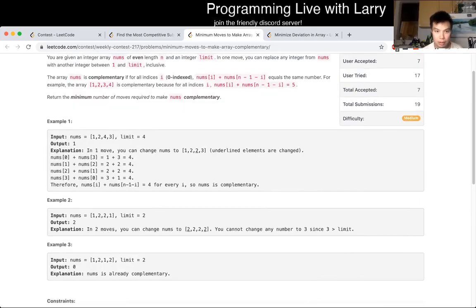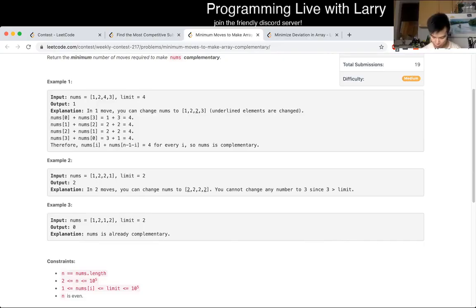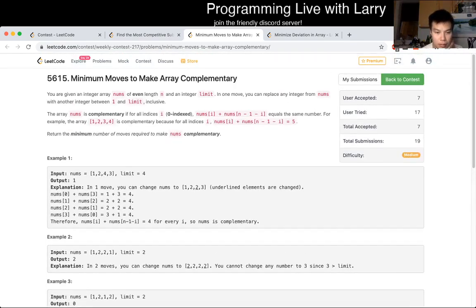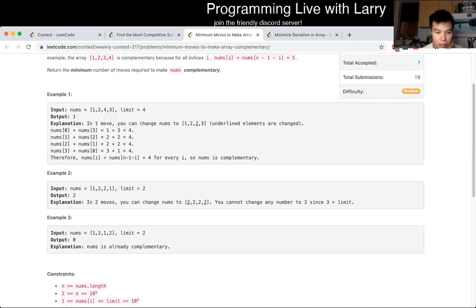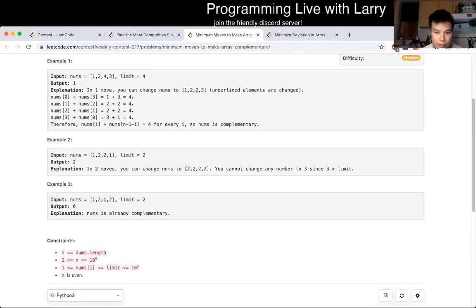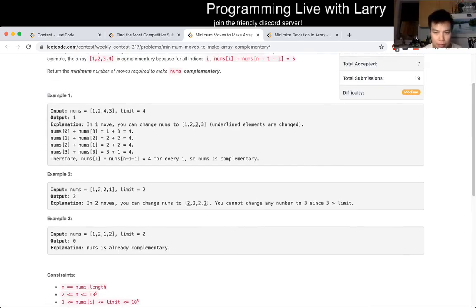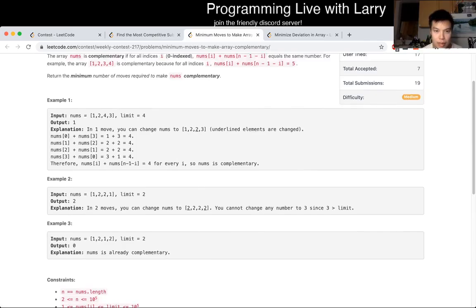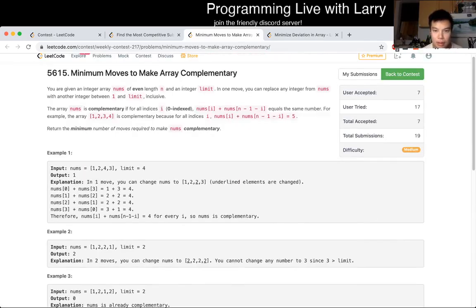This is nonsense. Okay. And limit is 120.